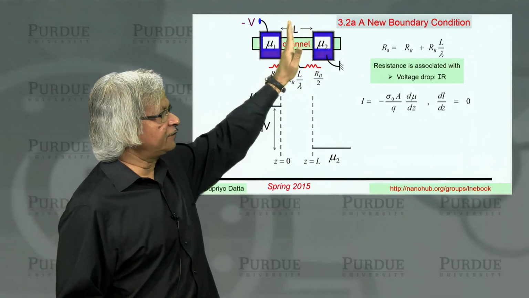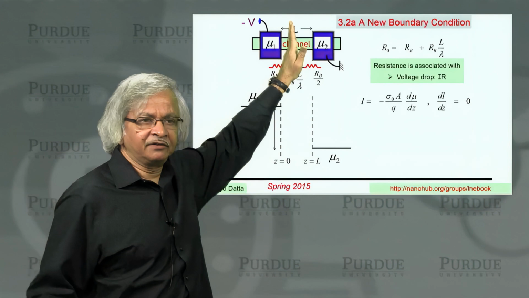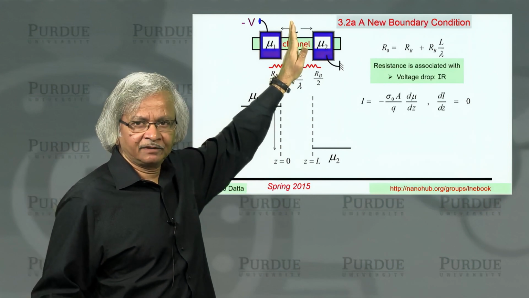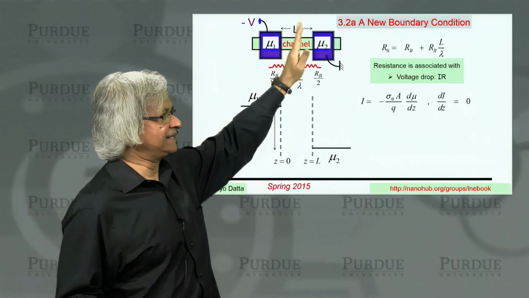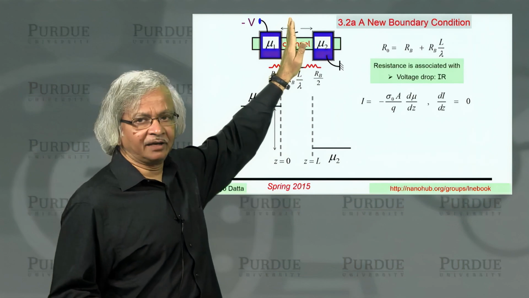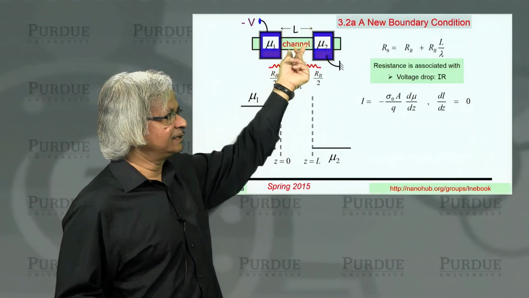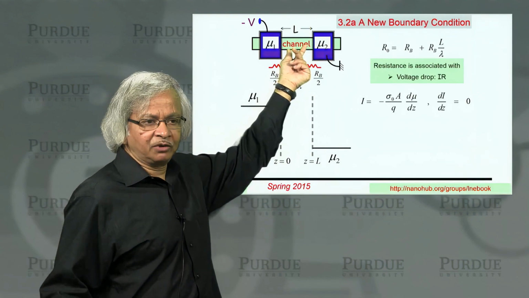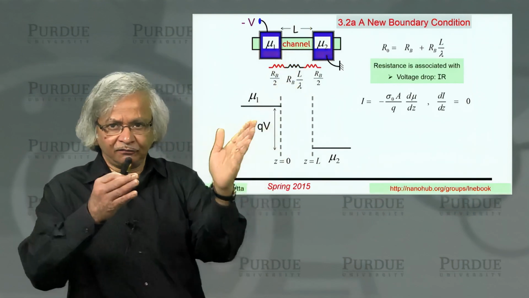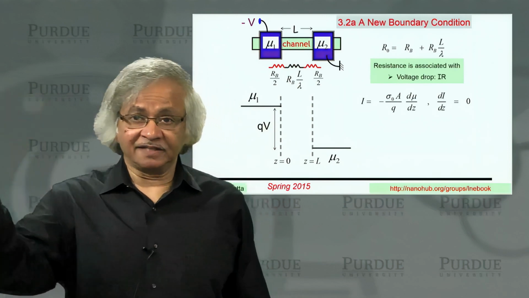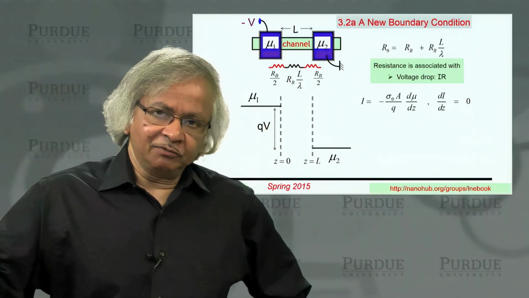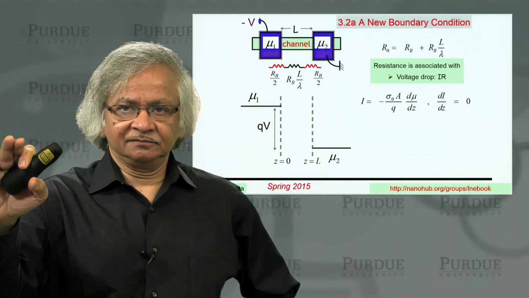Well, if I look at a different point, you still must have 100 electrons per second flowing. Because if they were different, let's say you had only 50 coming in from this end and 100 leaving at that end, then inside, the number of electrons would be going down with time, because only 50 come in and 100 leave every second. And if it keeps changing with time, that's not steady state.